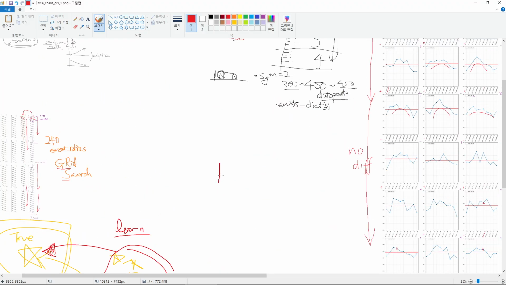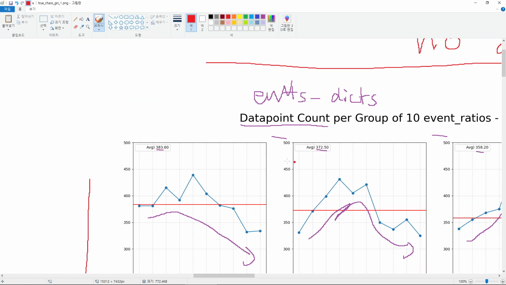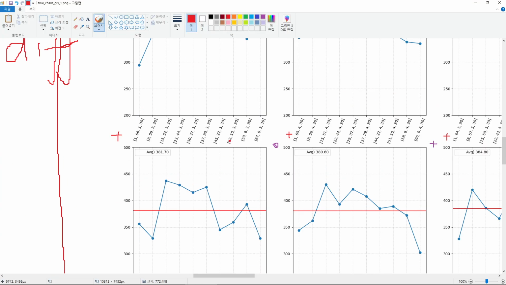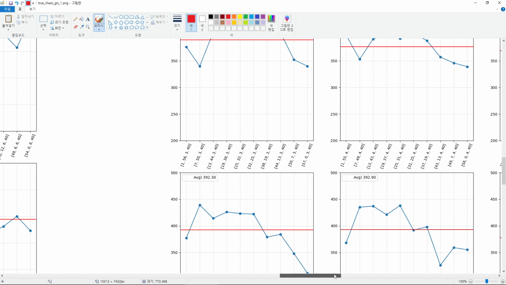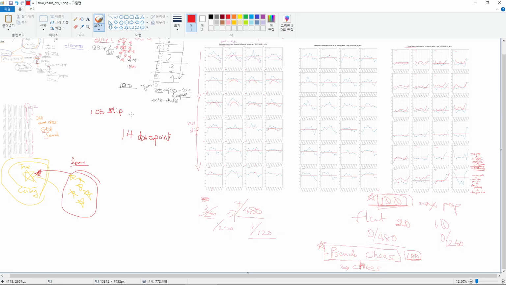So 14 data points is what? 100 blips, as you can see here, is usually somewhere between, no, at the lowest it's 350 to 450, at most 450, I think.